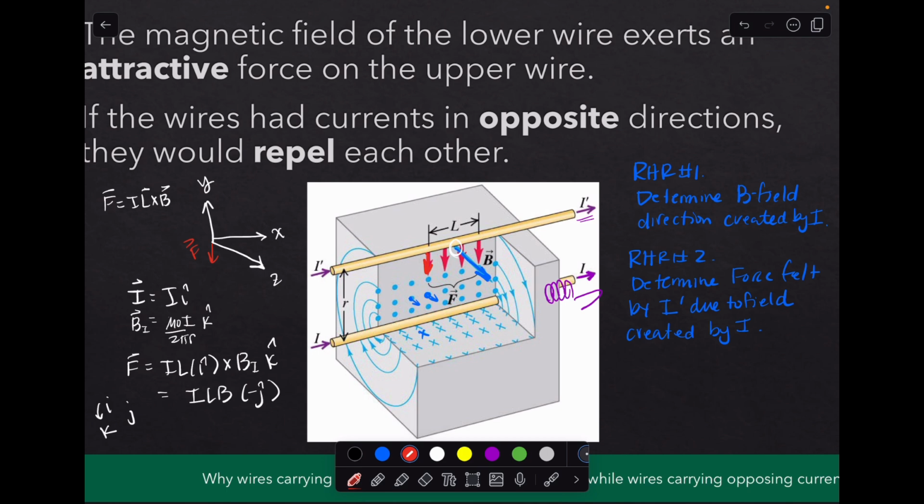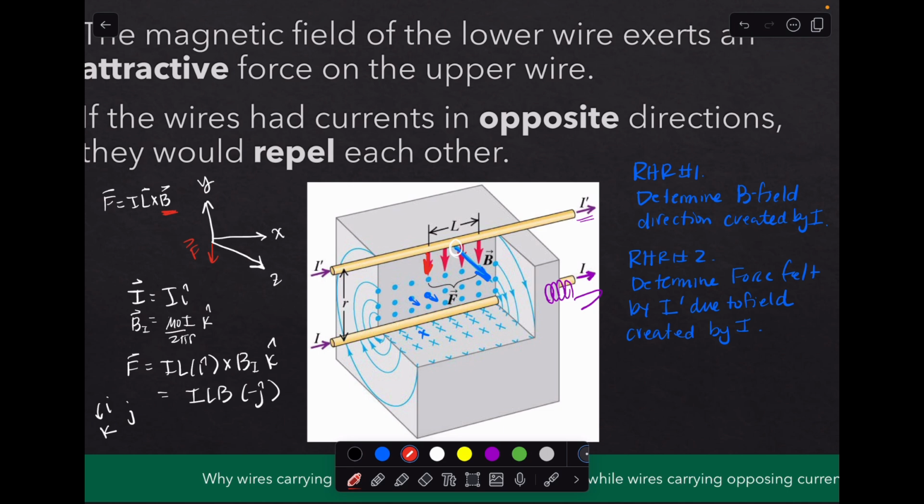And so what we did is we basically just computed the force that a wire feels in a magnetic field, but that magnetic field just so happened to be created by I. So I acted as a source of a magnetic field, whereas in an earlier chapter, we were just given B. B was just there.